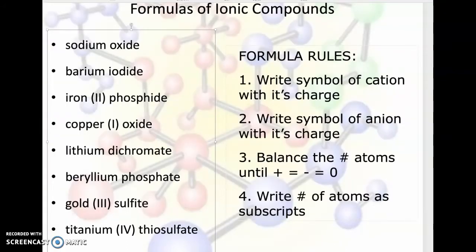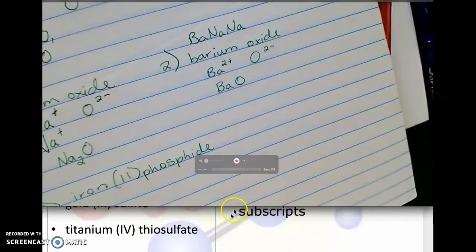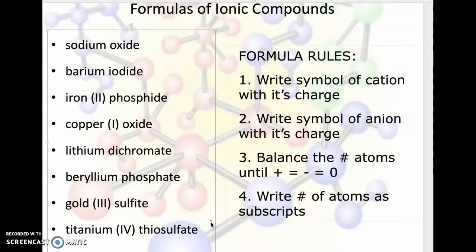Okay, let's see what example 3 was. Iron 2 phosphide. I'm just going to write them both down. And that matters, that little iron 2 part. And 4 is copper 1 oxide.